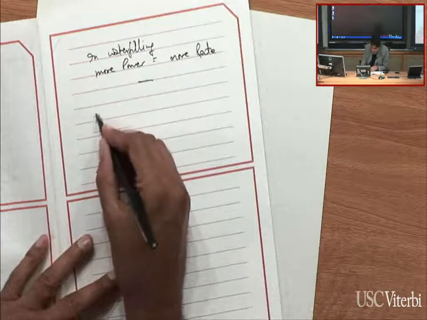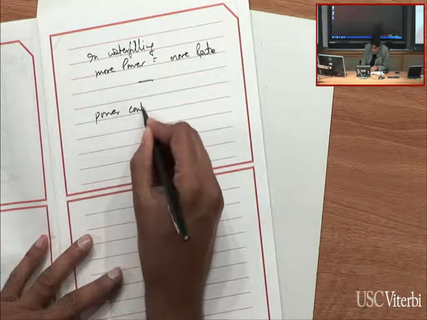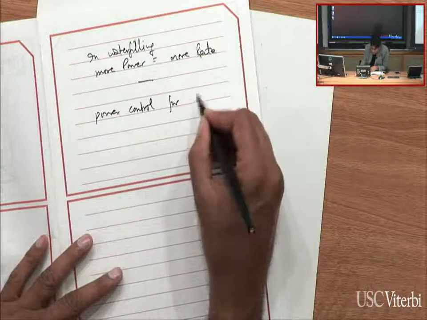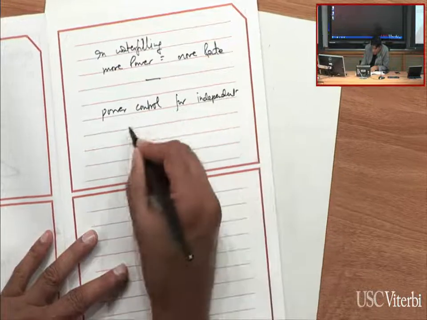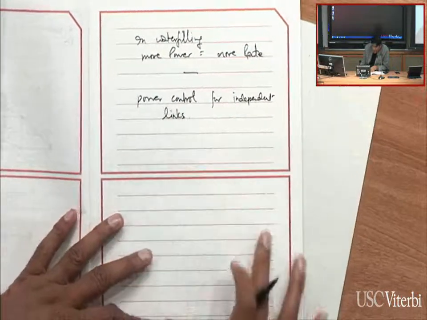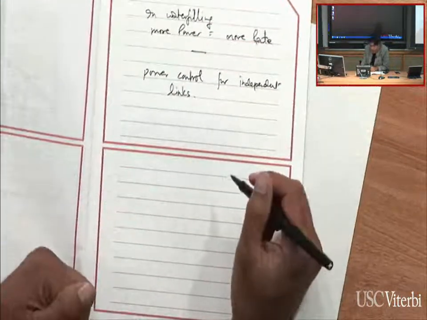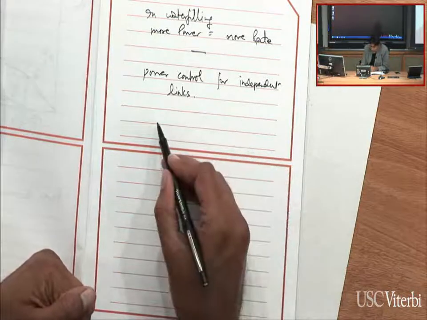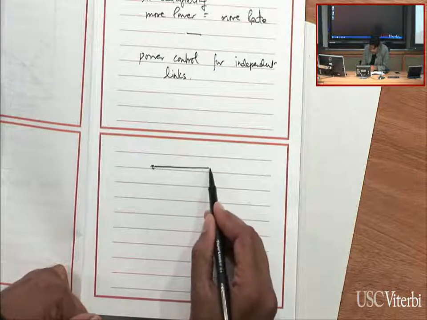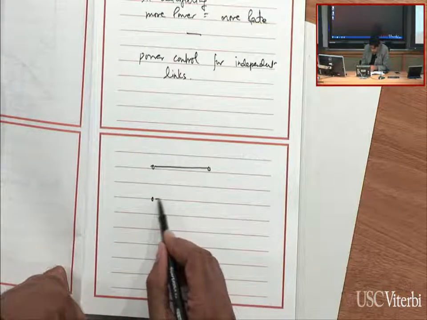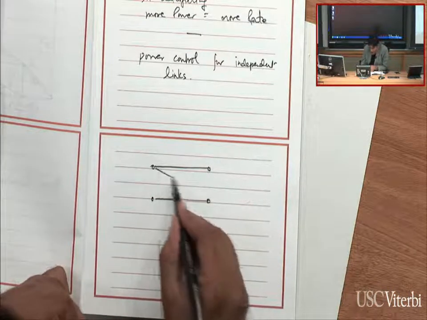That's called the problem of power control for independent links. The best way to imagine that is a scenario something like this.